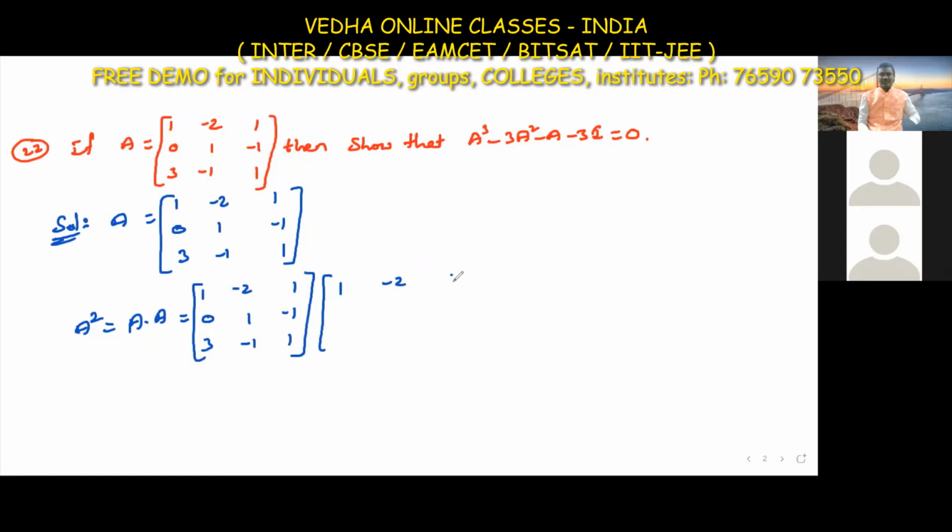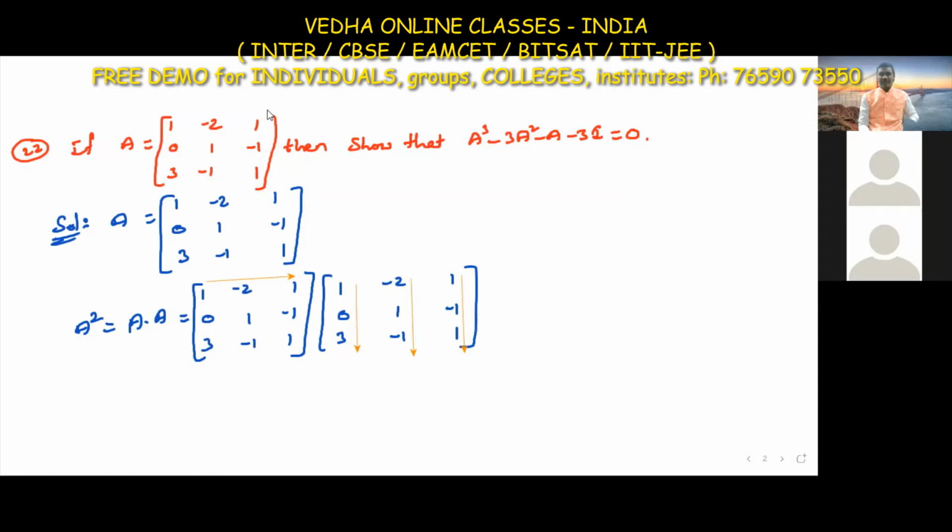Already we discussed how we multiply: we multiply the rows with the columns. That means the first matrix's row we multiply with the second matrix's first column, second column, and third column.